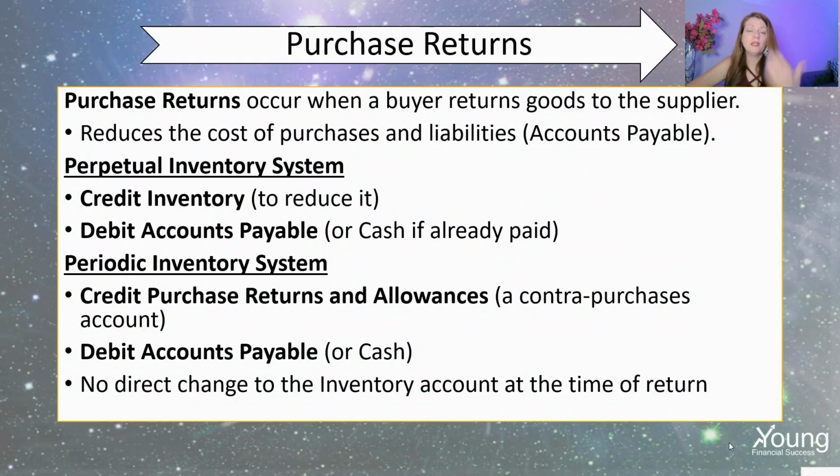And we debit either accounts payable because we owe them less, or cash if we already paid for it. In the periodic inventory system, we would credit purchase returns and allowances, which is a contra purchases account. And then we debit, again, either accounts payable or cash. So there's no direct change to the inventory account if you're using periodic, but there is if you're using perpetual.